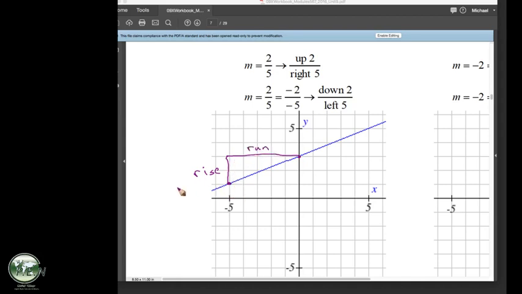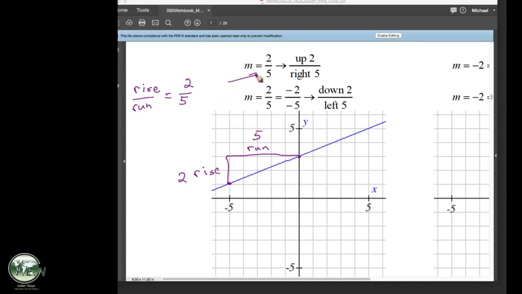The rise is 2, and it went up, so that's a positive 2. Run is going to be 1, 2, 3, 4, 5, and that's a positive 5. And it's always rise over run, because that's the change in y over the change in x.